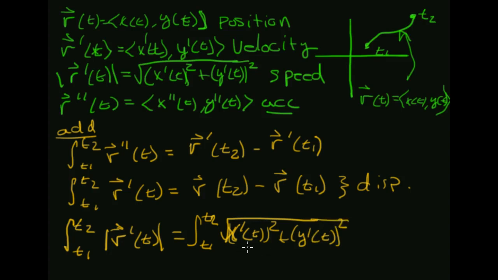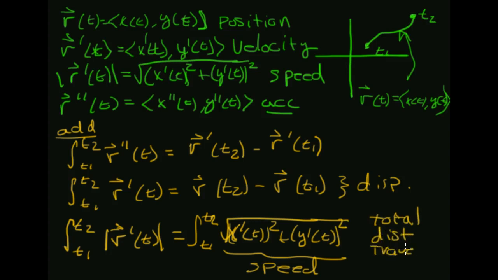So if you recall, this is the speed, right? If I take the integral of the speed, this is total distance traveled by the particle from time t1 to time t2.